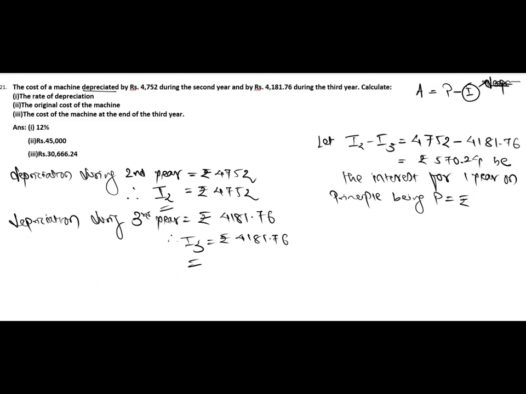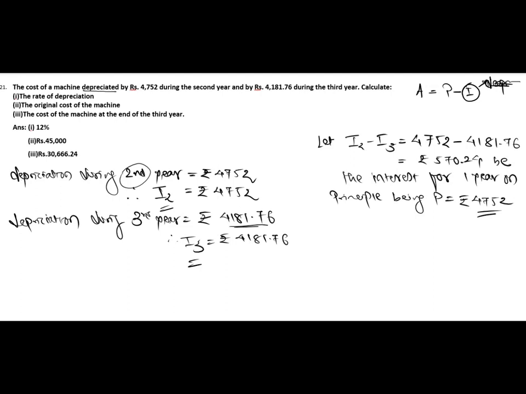Previous year is second year or third year? Second year. That is 4752. Don't consider this as your principal because it's a lower value. In case of depreciation, we take the lower year. In all the cases, we take lower year, okay, not lower amount or lower value. So principal is rupees 4752.